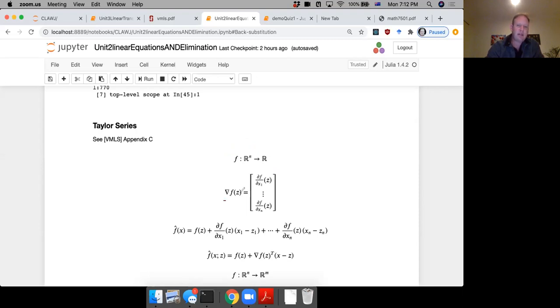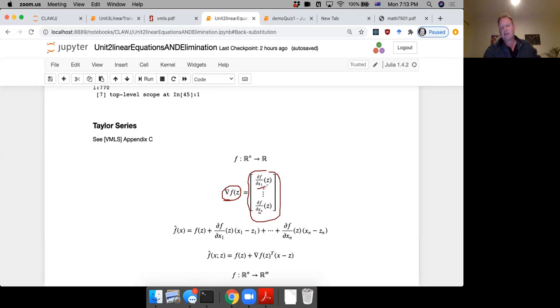This is a vector. What do we call this vector? This nabla, this inverse triangle, this opposite triangle. What is this vector called? It's a gradient vector. Thank you. What this vector tells you is it's taking partial derivatives of this function with respect to the variables x1, x2, up to the nth variable.